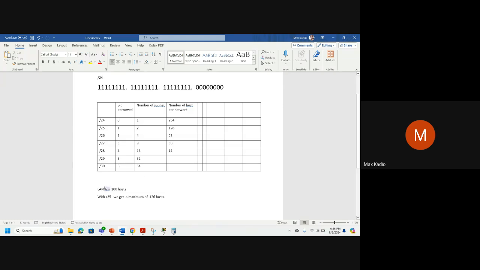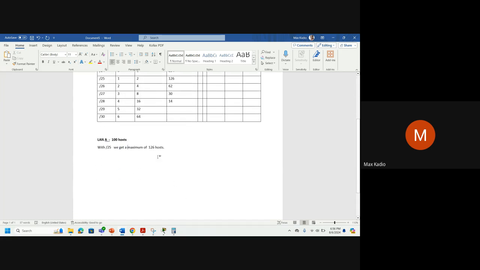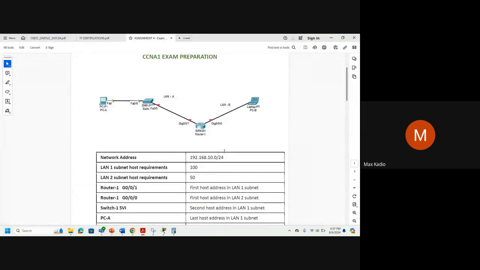So now from here, we'll need to do our subnetting. If it's /25, you come here to the guidelines. The first step: it's a class C network that we are dealing with.